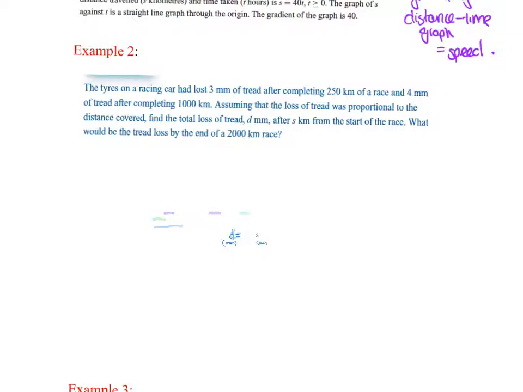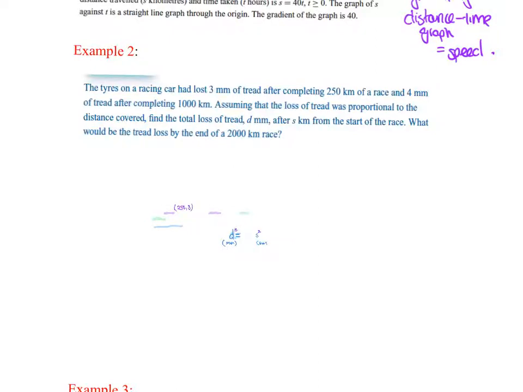If that's D, that's like my Y, because I'm going to say it equals. Obviously, we're doing linear models. And that's like my X. So up here, I've been given a Y value, which is 3, and an X, which is 250. Write this point like this.